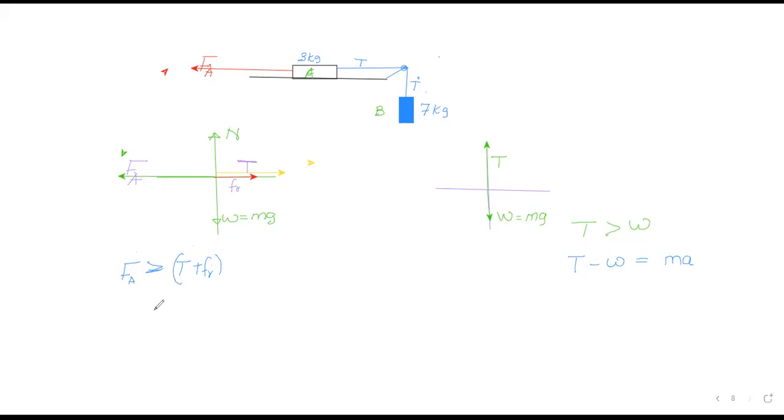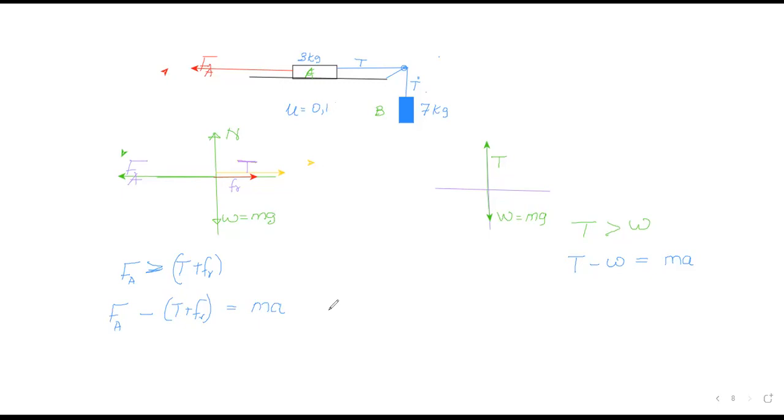So, meaning the applied force minus the tension plus the frictional force will give us ma. Now, if you are given the coefficient of friction as 0.1, you can get the friction there.